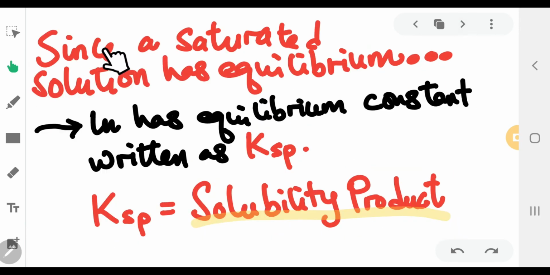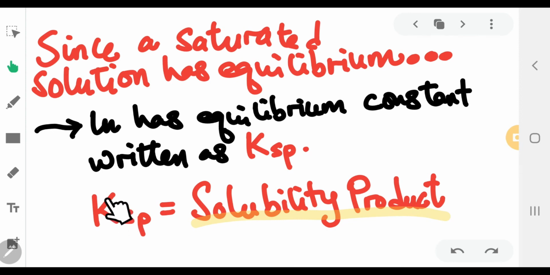Now, since a saturated solution has equilibrium, we can have the Ksp of the reaction. This is what we call the solubility product, Ksp. S stands for solubility, P stands for product, and K is the equilibrium constant.